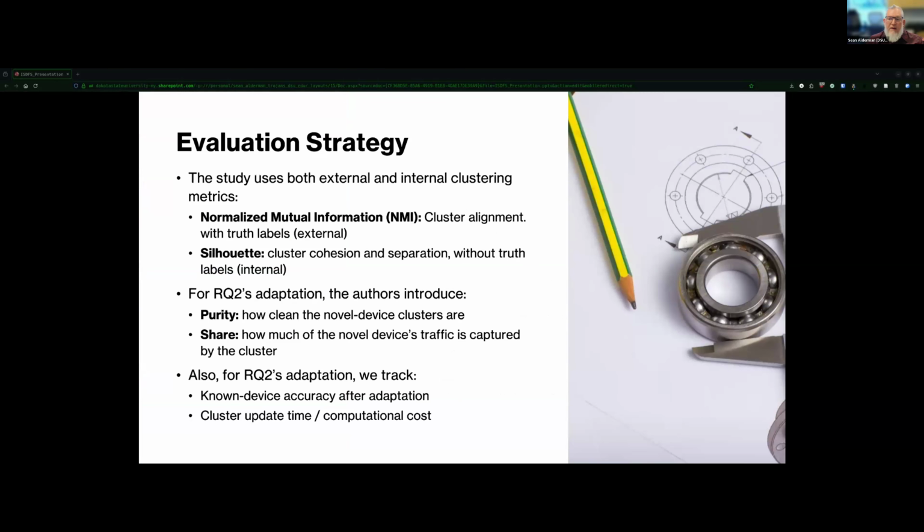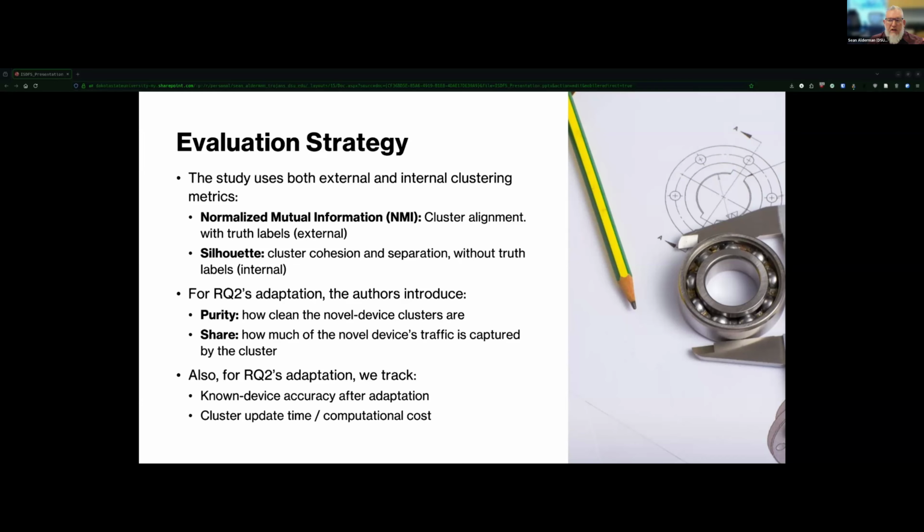For evaluation, we combine both internal and external clustering metrics. This gives us a robust evaluation. Normalized mutual information measures alignment with ground truth labels, while Silhouette evaluates cohesion and separation of clusters without needing labels.